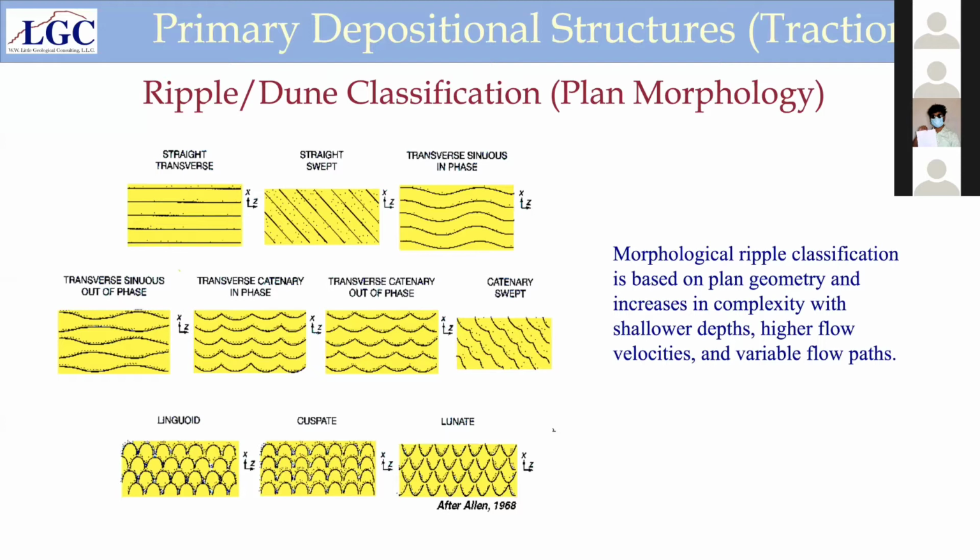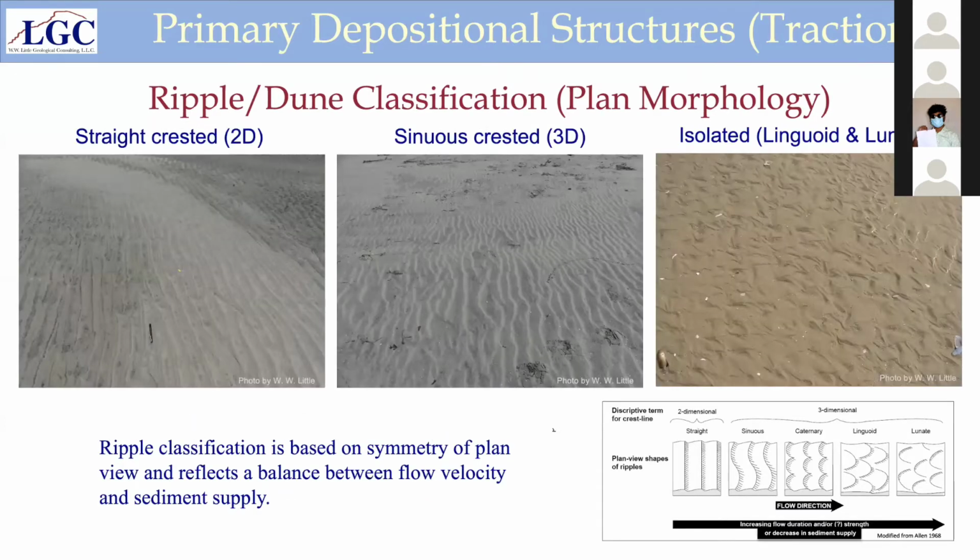Other things that can affect it is the flow in one direction. Is the flow bidirectional? Is the flow circular, such as on a beach? There are a number of things that can affect the plan geometry of ripples. Now, most of us tend to refer to ripples as either straight crested, sinuous crested, or isolated.